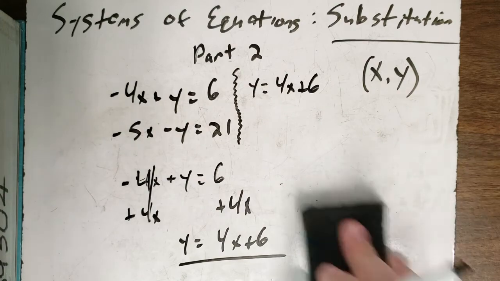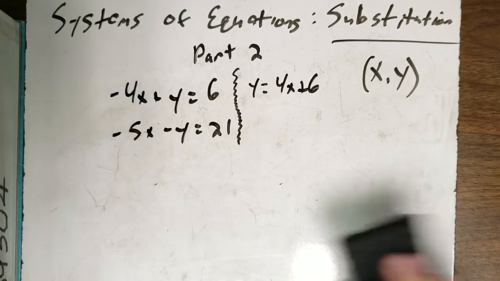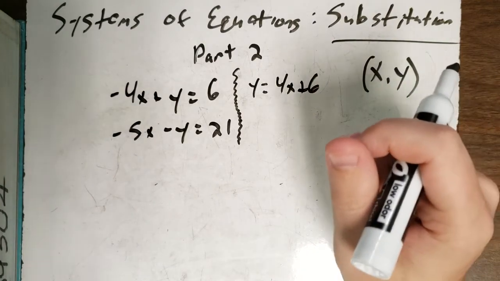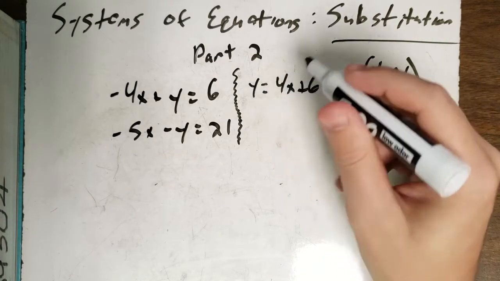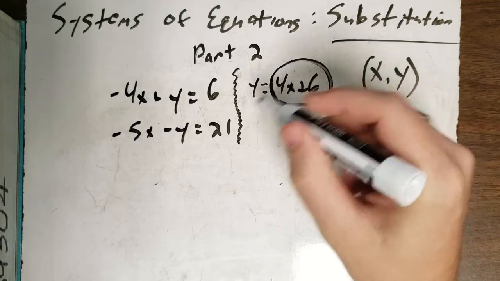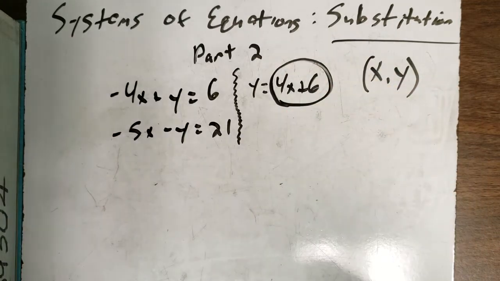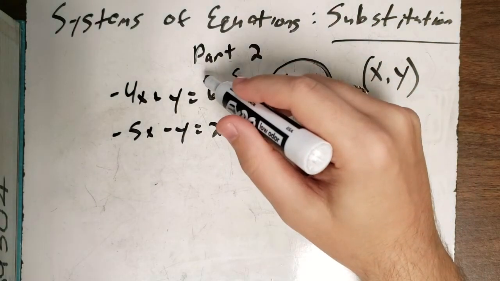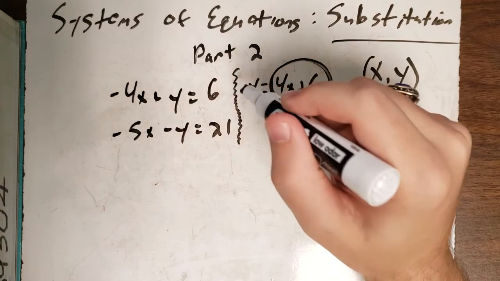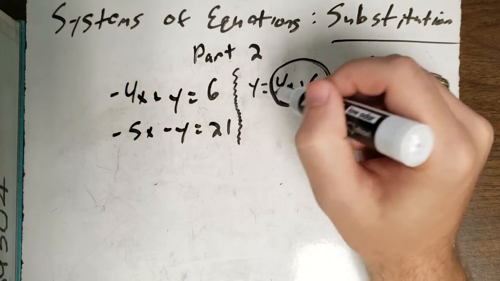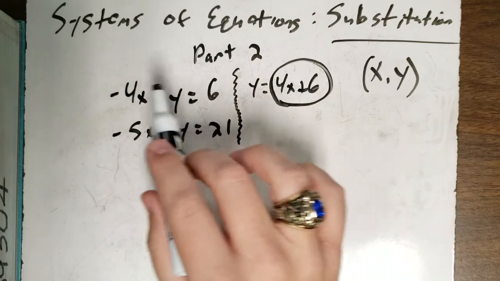So now, let me erase this, okay? So now my y is by itself, okay? Now, I can substitute this whole thing here into our other equation. Now, key trick, whatever equation you use to get the letter by itself, you have to take that equation and plug it into the other equation, okay? Don't take this and plug it in here.